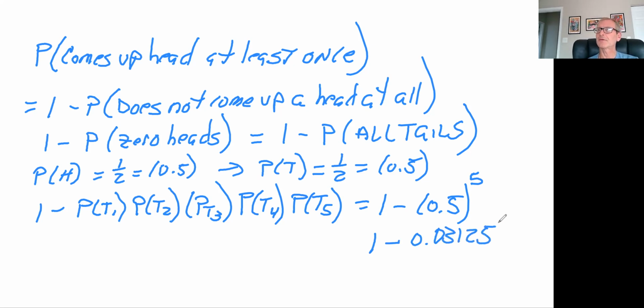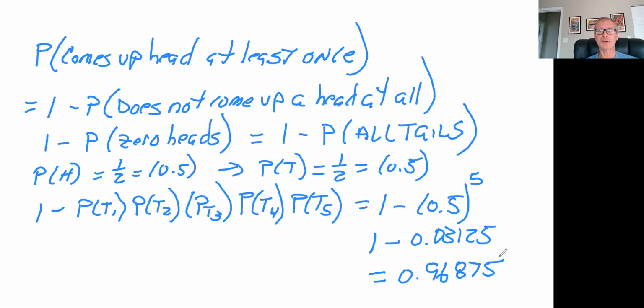So you can see it's a pretty small number if you want to get 5 tails in a row. And so if you did that, the calculation would be 0.96875. So very close to 97% for that calculation.